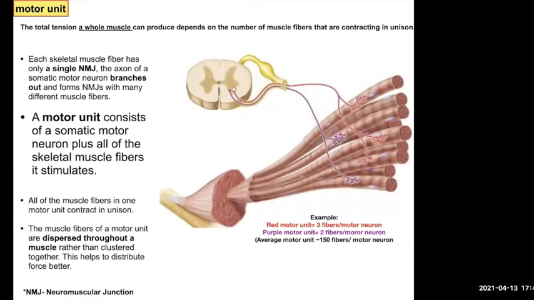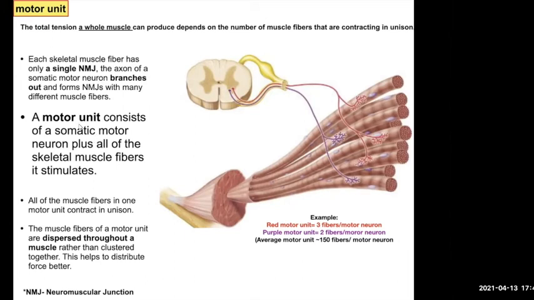So the axon of this somatic motor neuron in red right here is going to branch off and form neuromuscular junctions with more than one fiber. This is just showing a not too realistic example where the red motor neuron here is innervating 3 fibers and the purple one is innervating 2. So this is the very concept of our motor unit.